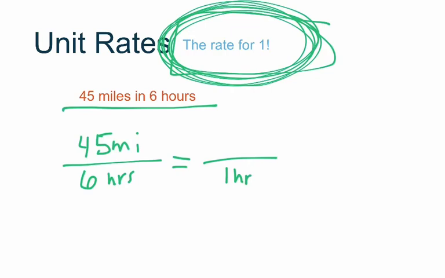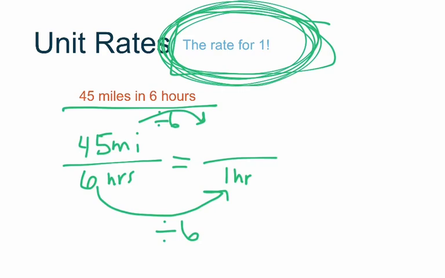1 hour. So we can go back to how we worked with ratios, and I would look at this and go, hey, well, if I want to go from 6 to 1, I'm going to divide by 6. And then that ultimate rule of math, what I do to one, I need to do to the other. So 45 divided by 6, and then this is where using your calculator is totally okay.